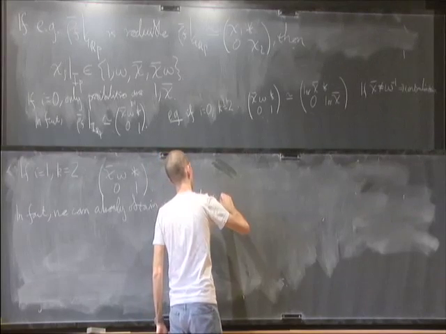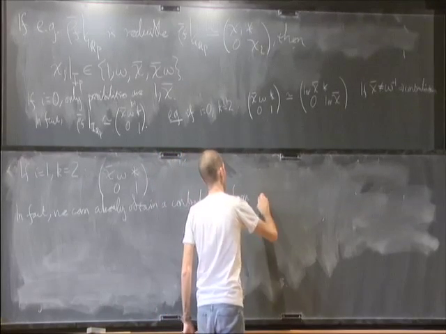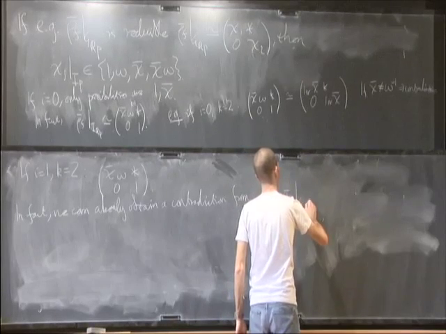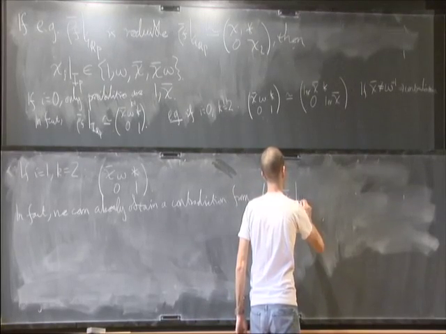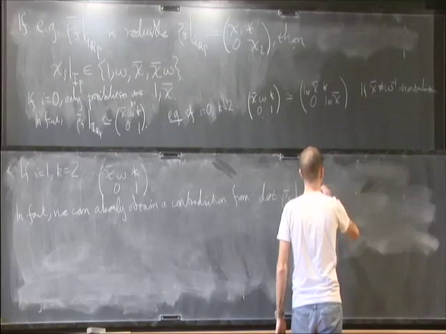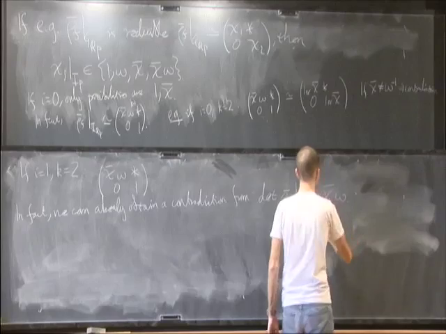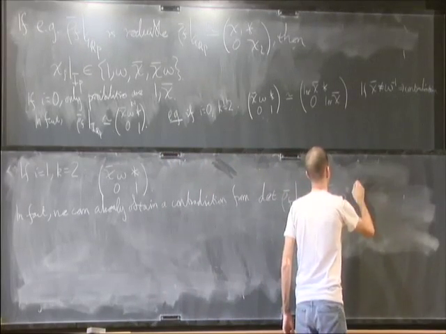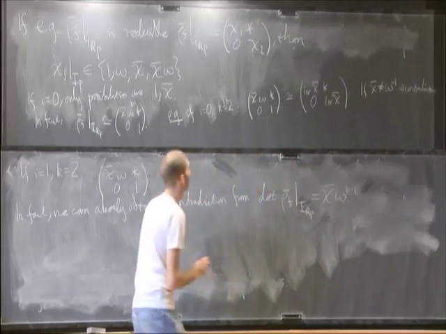Obtain a contradiction from the fact that the determinant of rho f bar restricted to G_Qp, or restricted to inertia, is always chi bar omega to the k minus 1. I was taking k equals 2.